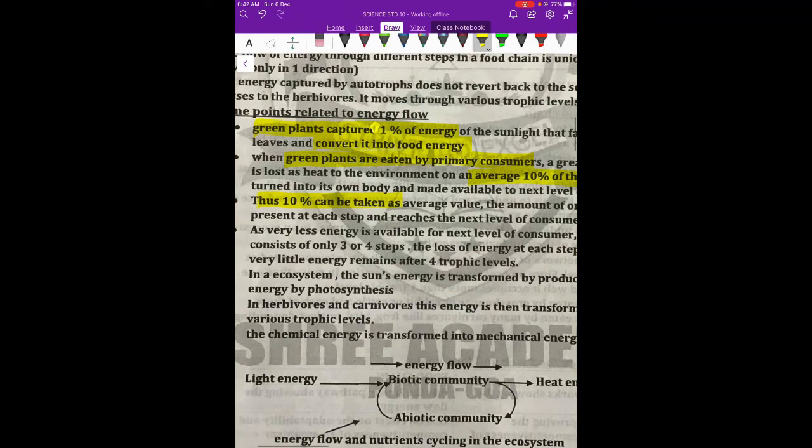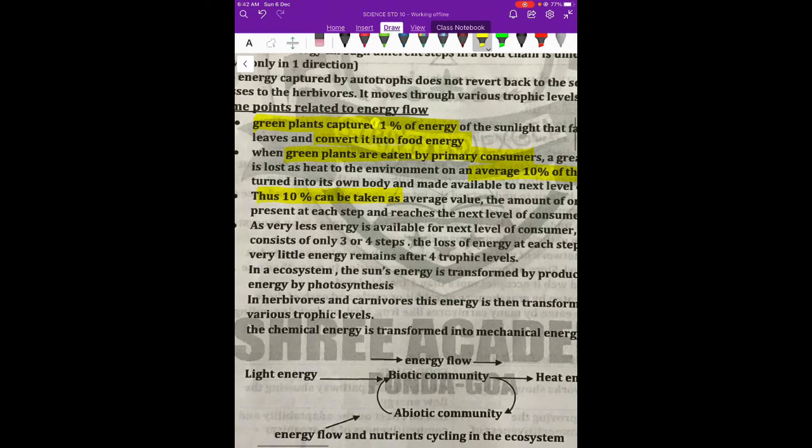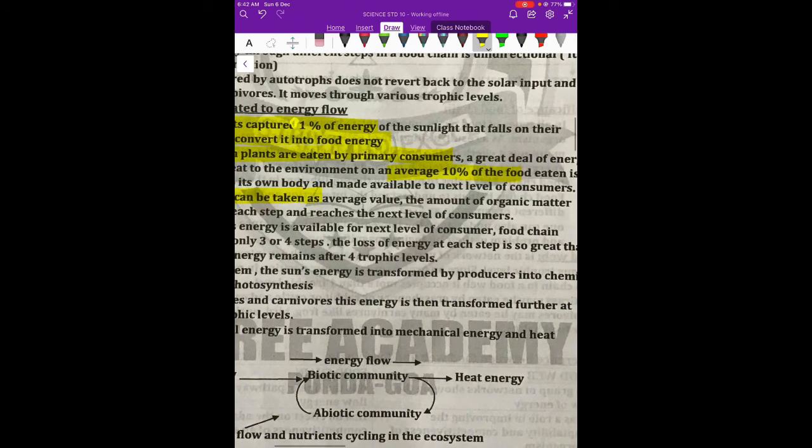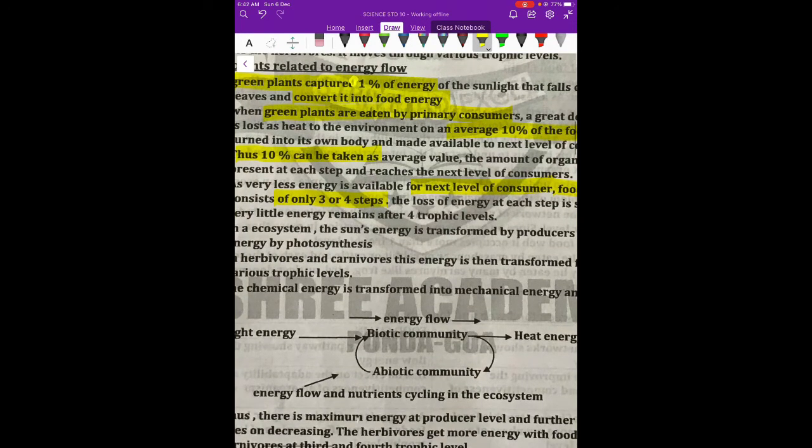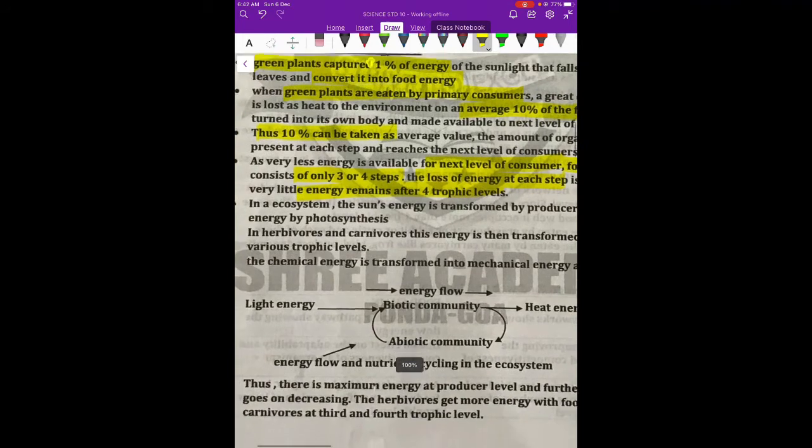Now this is the reason that in a food chain there are hardly 3 to 4 levels. As we go higher and higher, the amount of energy transferred becomes less and less, so it becomes useless to have more. The loss of energy is negligible after a maximum of 4 steps. So this is what happens.